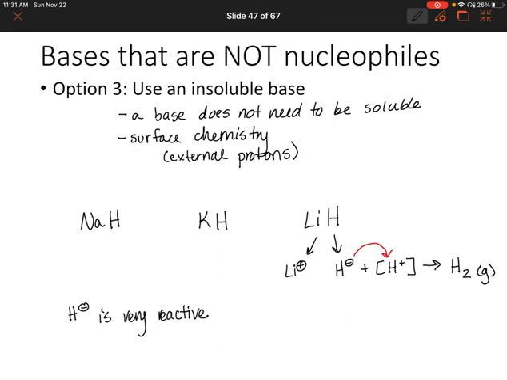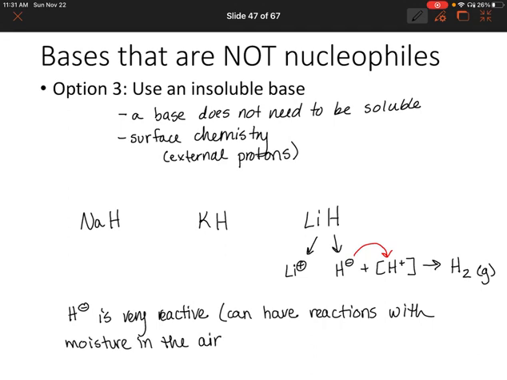However, you can have side reactions with moisture in the air. That is problematic because you really don't want to have side reactions. Additionally, the product H2 is flammable. So that's another problem with using this type of base.